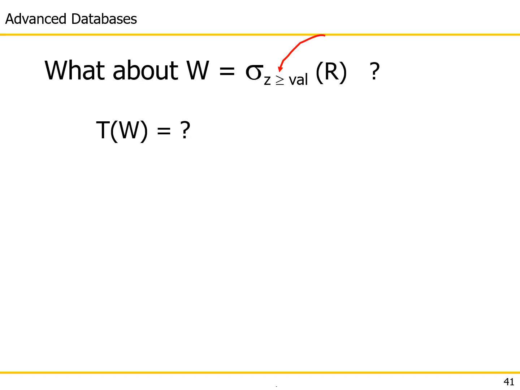Let's see something a little bit more involved. So what we're doing here, we're having a query that says select star from R where this column is greater than or equal to some value. So it's not an exact value query. It's not Z equal to val. It is Z greater than or equal to some val.